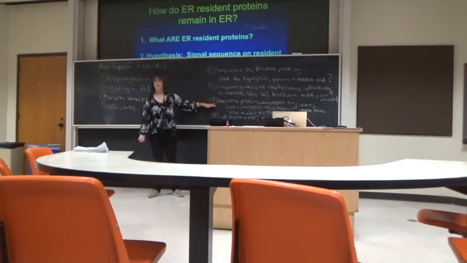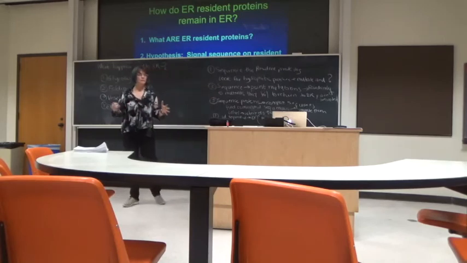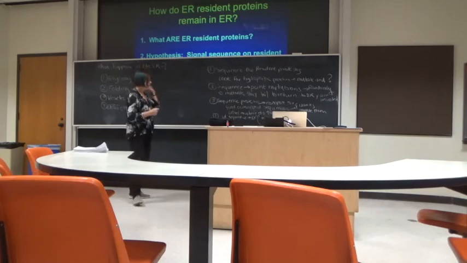So this one was done by comparing the sequences, but at the same time another lab, or maybe it was the same lab, I can't remember, used yeast to randomly mutagenize proteins and ask what was deficient in yeast cells that could not return ER proteins back to the ER. And through that random mutagenesis, they not only were able to identify signals, but also the accessory proteins that were able to do that.